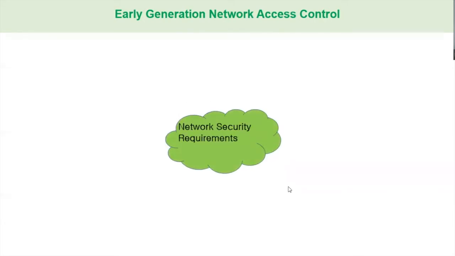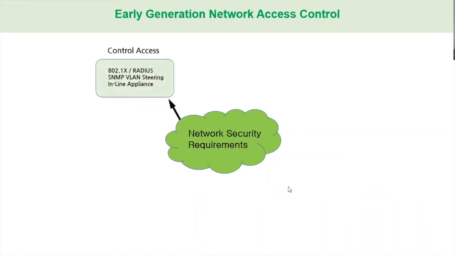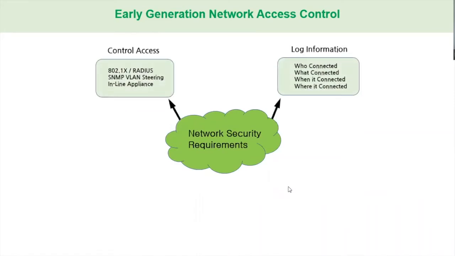So first we want to talk about what was early generation network access control focused on. If you think back to early generation network access control, there were very basic requirements. Typically you had 802.1x, SNMP, inline appliances that would log who, what, when, and where connected to your network.